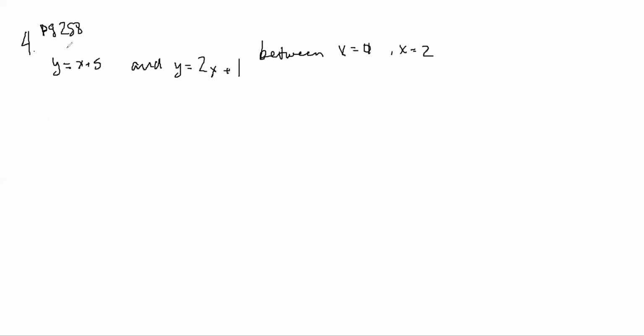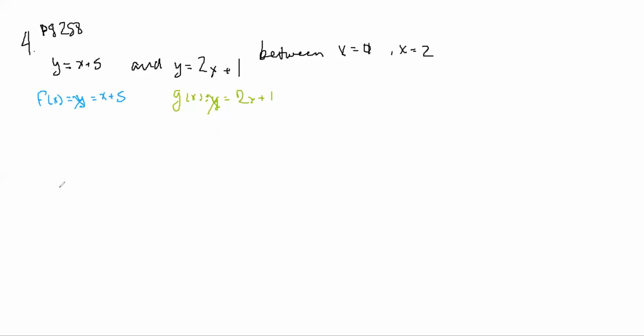What I would do is assign f and g. So f of x is equal to x plus 5, so we can get rid of that y. g of x is equal to 2x plus 1. Now we have our f of x and our g of x, and they're both in terms of x, so that's good.